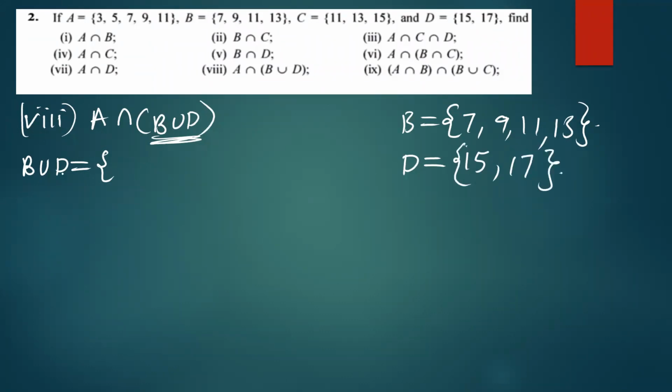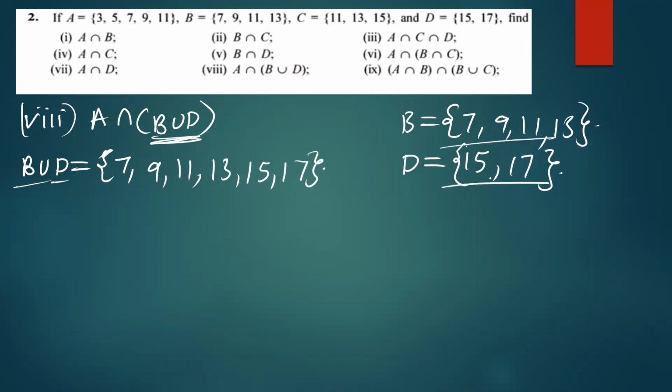So we add the two sets B and D. Adding the two sets, we have 7, 9, 11, 13, and 15 and 17. We're just combining these two sets, writing the common ones only once.